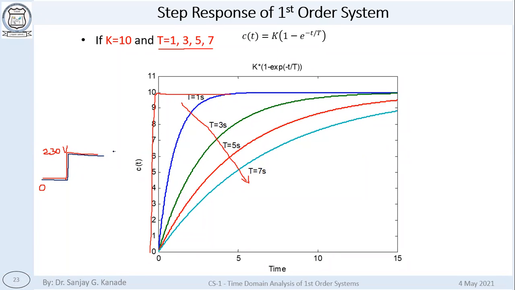Let's say it is 500 RPM. This is the settled case, okay? Or the steady state response is 500 RPM of the fan. So ideally, what we want is, when we turn on the switch, the fan should start rotating at 500 RPM. But it doesn't really happen.